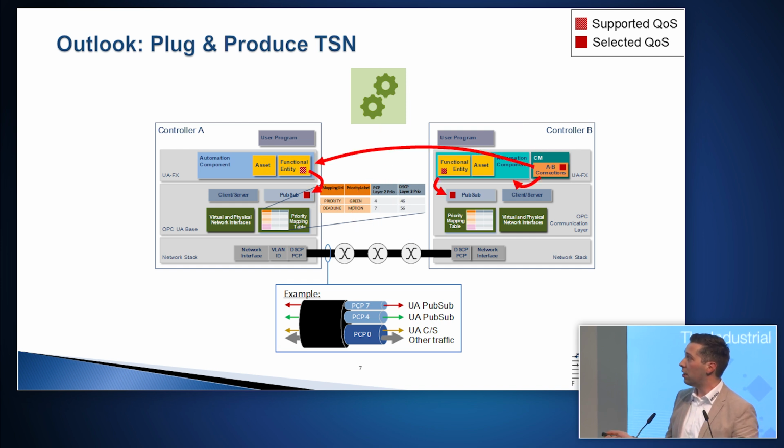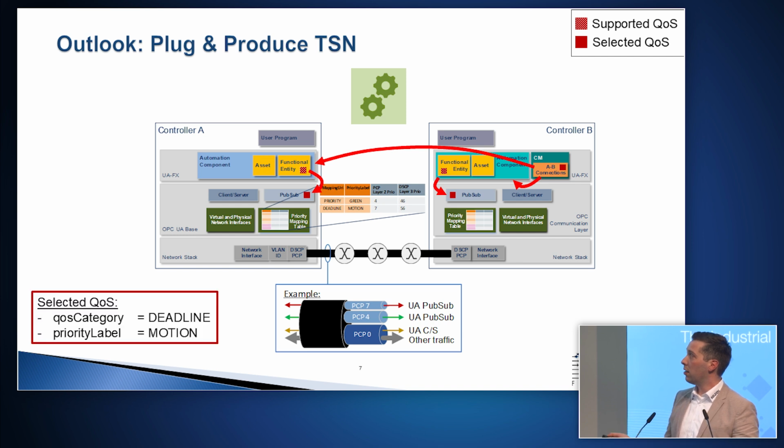Now here you see that we have another entry in our mapping table, now with deadline. And I just invented the label motion. We didn't specify any further labels yet. For example, with motion, you also specify a deadline when the data should be on the other side.